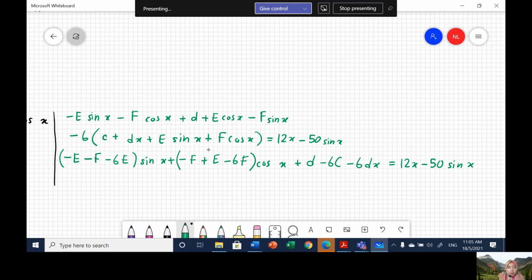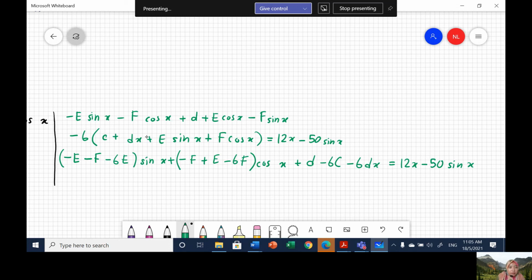We are going to compare sine with sine, cos with cos on the right hand side. Sine on the left will be compared to sine on the right hand side. Cos on the left will be compared to cos on the right. We don't have cos on the right, so it will be equal to 0.